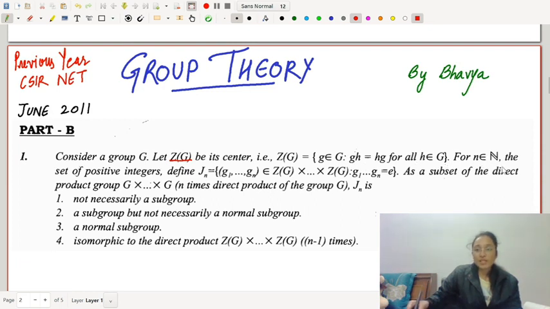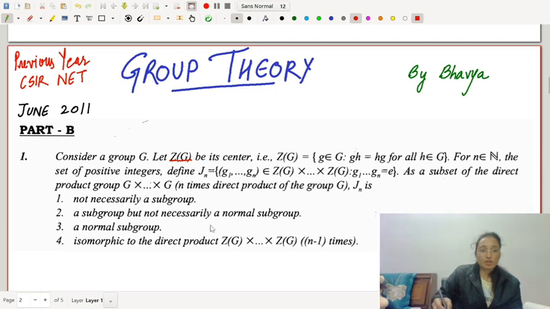And for any fixed n belonging to the natural numbers, define Jn as the set of elements in the center of G, n times direct product, with the condition g1 g2 up to gn is equal to identity, as a subset of the direct product group G direct product G till n times.